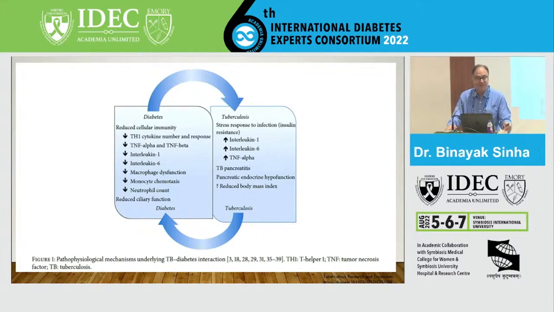Tuberculosis worsens diabetes control, and diabetes worsens tuberculosis with reduced cellular immunity, worsening of all the infection-fighting cytokines, and also in tuberculosis, the stress response to infection is worsened with increased interleukin-1, interleukin-6, and TNF-alpha. There is also TB pancreatitis. All in all, this leads to one making the other situation worse.